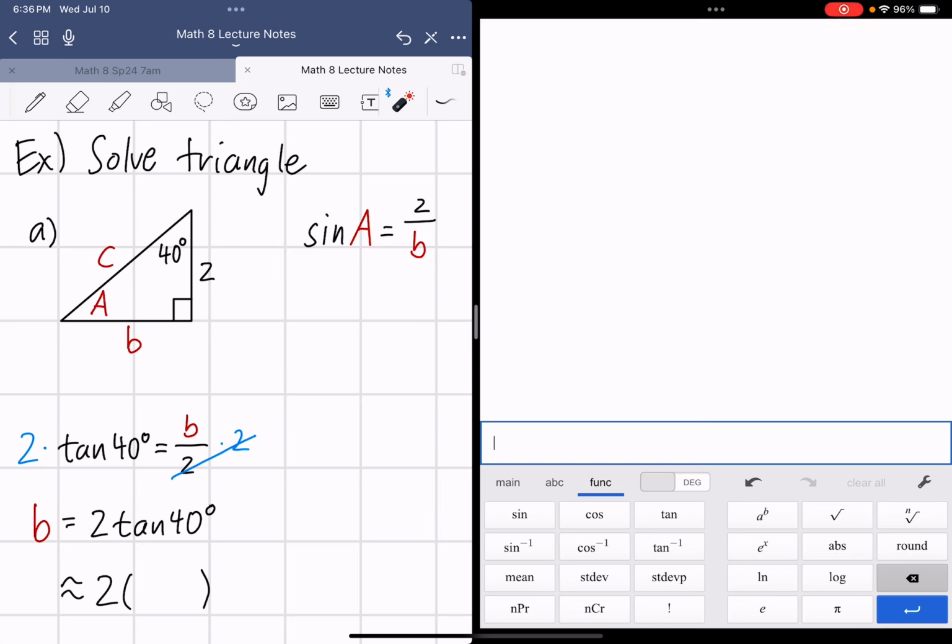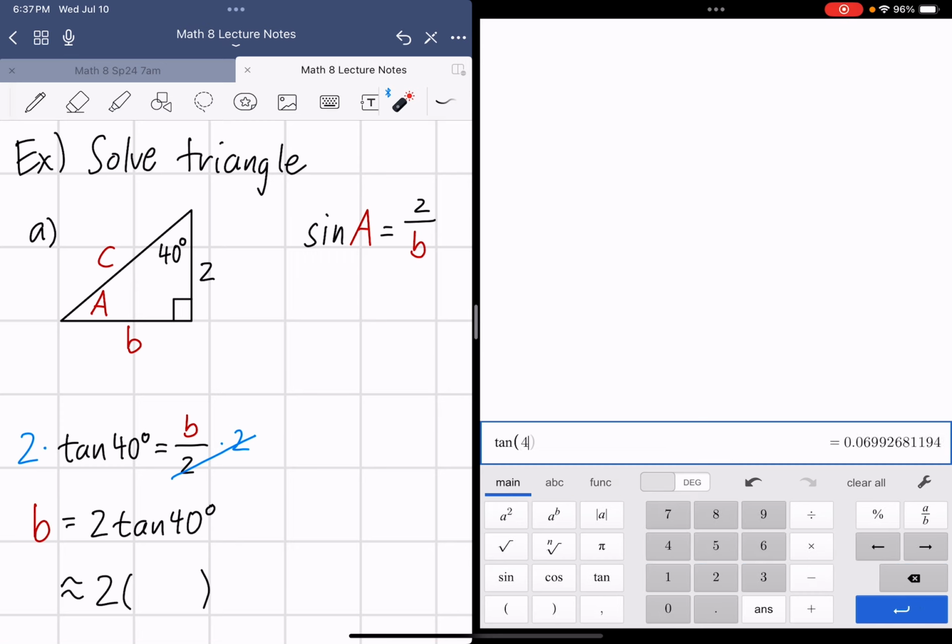Sometimes you have to go to mode, sometimes yours has the direct button. For degree and radian, you have to find that option somewhere in your calculator, and if you can't find it, message me on Pronto, and then you can send me a picture of your calculator and we can find it together. So here I'm using tangent, and then I put it on degree, so I know it's reading degrees.